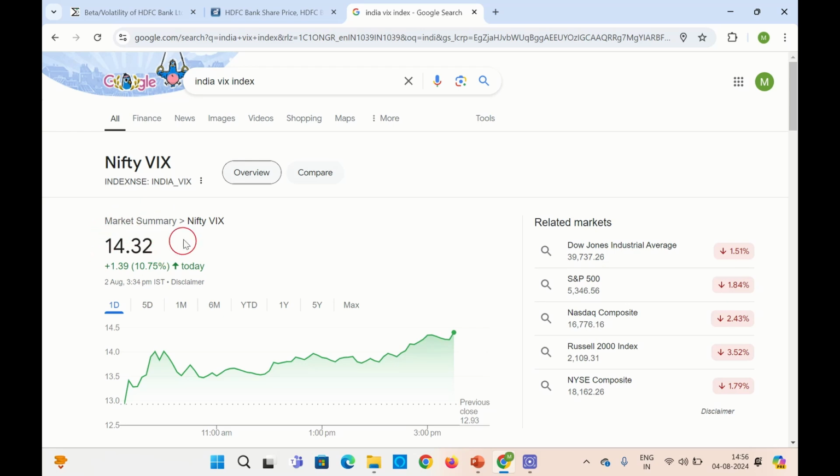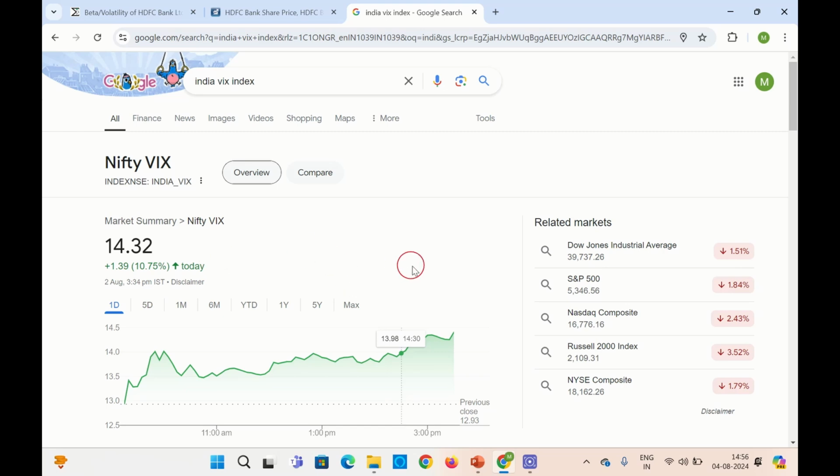Current India VIX is 14.32, which simply means that Nifty 50's volatility can be 14.32 plus or minus for the next 30 days. So using implied volatility, I try to calculate Nifty 50's volatility for the next 30 days. So the India VIX index gives me the prediction for volatility for the next 30 days.